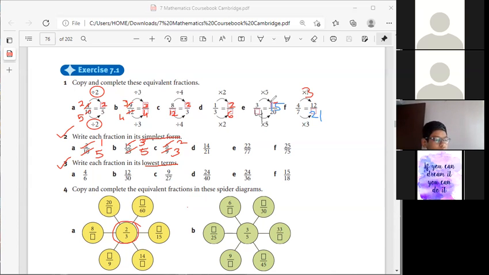You can't further reduce it. So we will have to multiply. 2 multiplied by what will give me 20? 10. So similarly, I will have to multiply 3 also with 10 to get the number in the bottom. Yes, Mohammed?